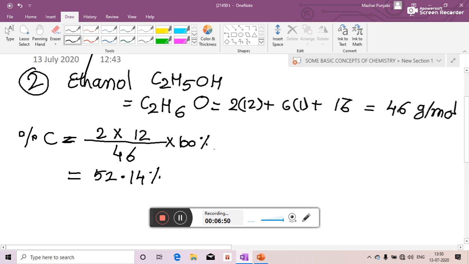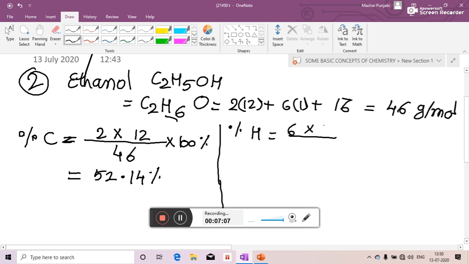Now percentage of hydrogen is equal to, now total hydrogen is 6.